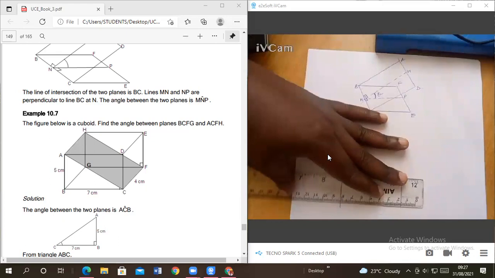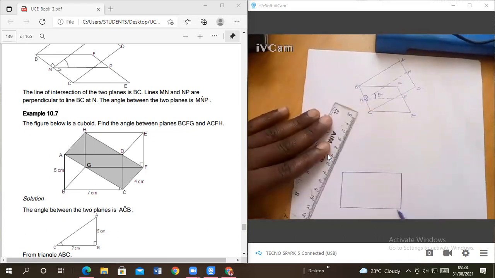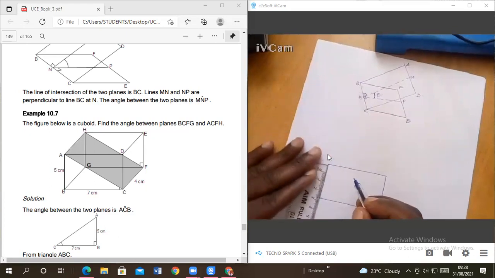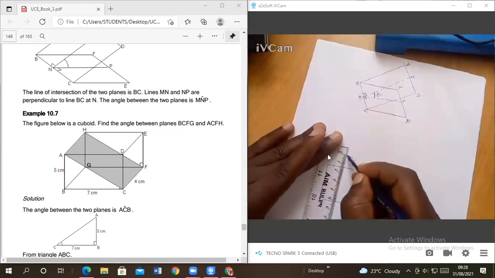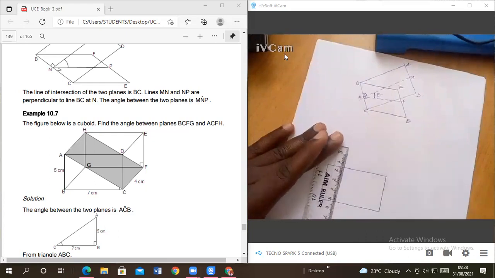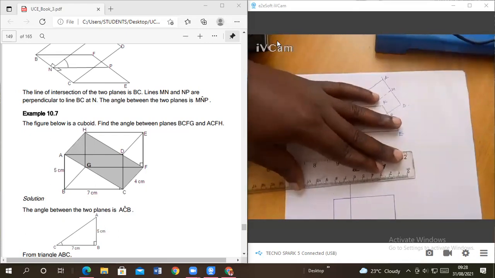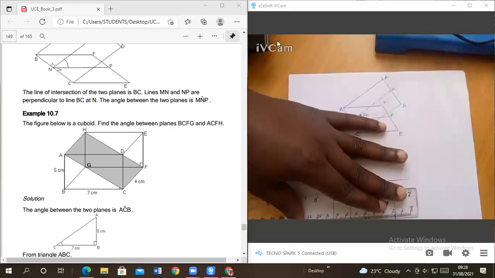I'm just doing it so that my diagram is very accurate. Okay, now I'm going to draw the second one there. That was 3.5. So somewhere here, I'll call that 3.5. 6.5 somewhere there. 6.5 somewhere there. Another 6.5 somewhere there.